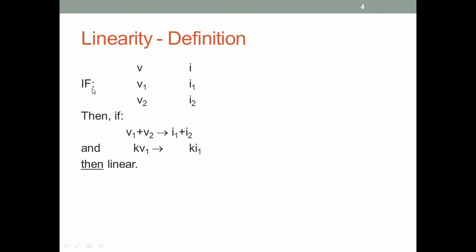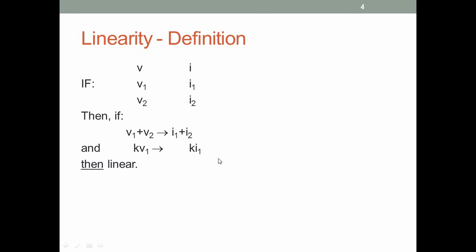Now suppose if we apply a voltage V1 to this element, then a current I1 flows. And if we apply a voltage V2, then a current I2 flows. Then, if when we apply V1 plus V2, the current that flows is I1 plus I2, and if we apply a voltage K times V1, where K is some constant, and the current that flows is K times I1, then we say that the circuit element is linear.